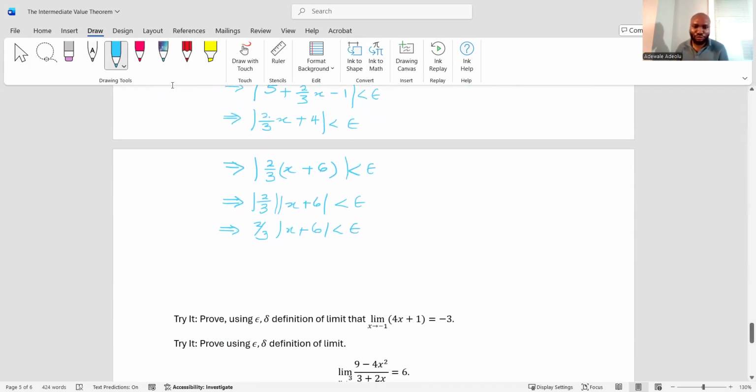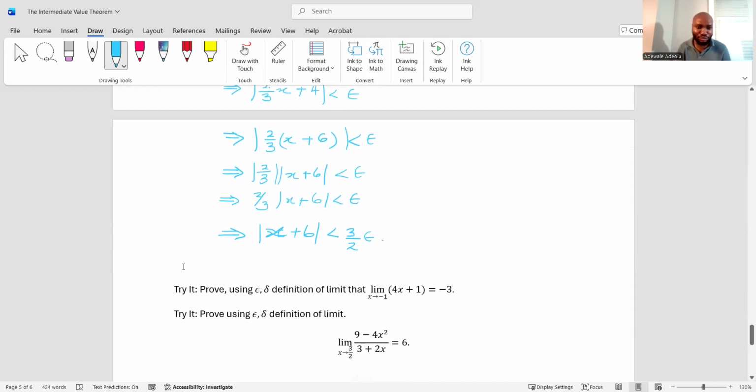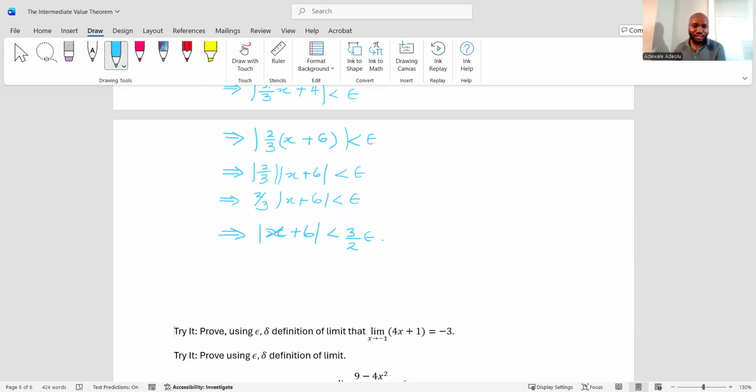And we can divide through by 2 over 3. That implies that |x + 6| is less than, if you divide epsilon by 2 over 3, that becomes 3 over 2 epsilon. So again, we were able to write it in the way that we want.